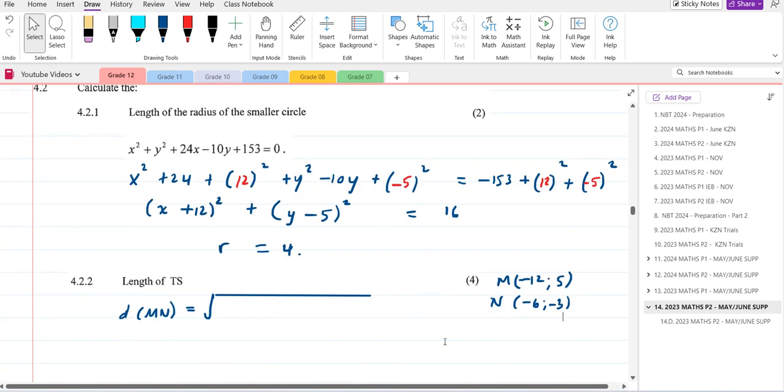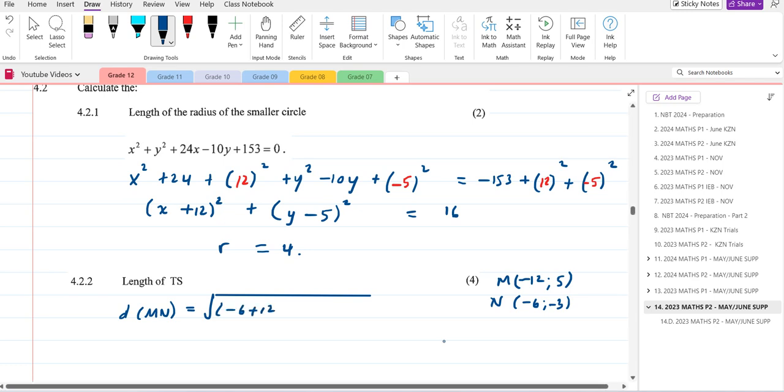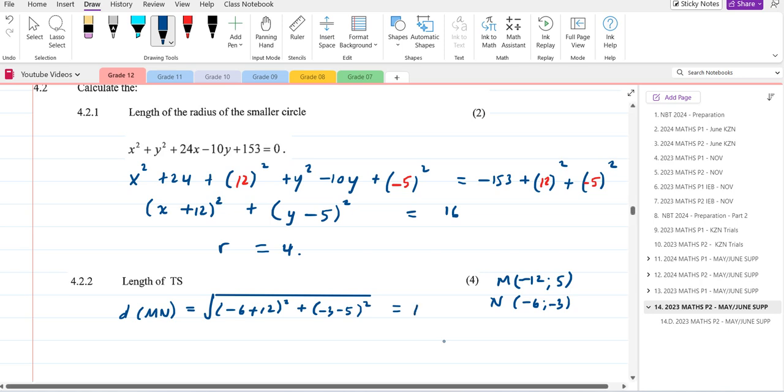Now it's x2 minus x1, so we got minus 6 plus 12 all squared, plus minus 3 minus 5 all squared. If I add up everything, 6 squared is 36, 8 squared is 64, 36 plus 64 is 100, square root of 100 is 10.